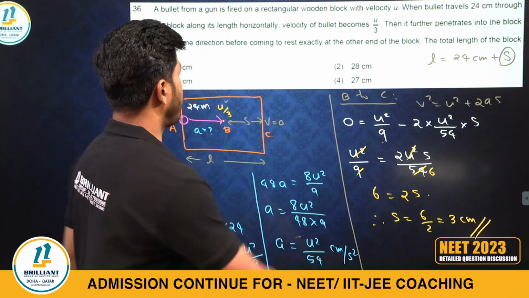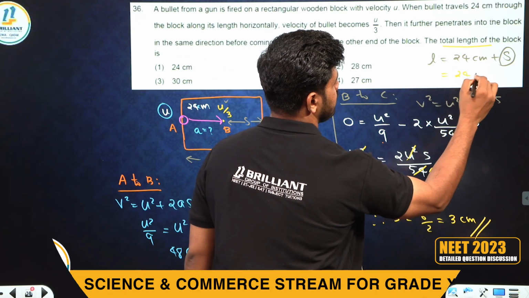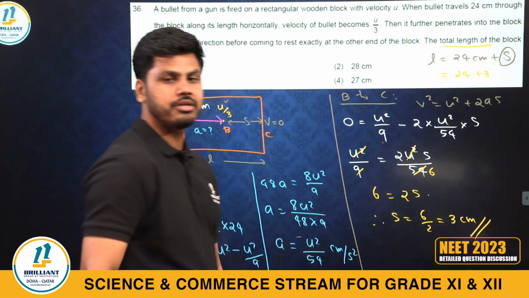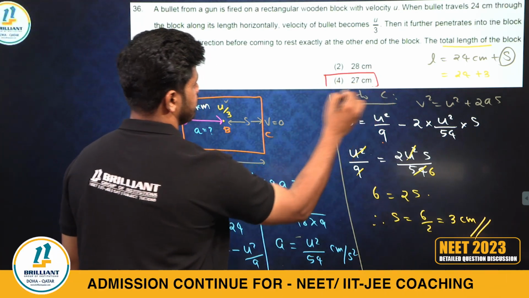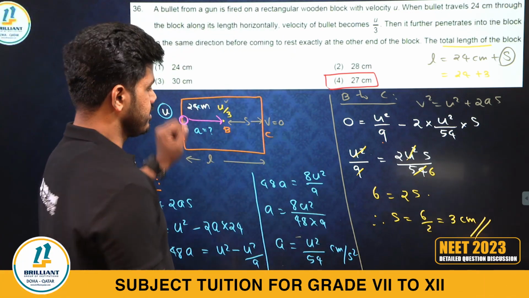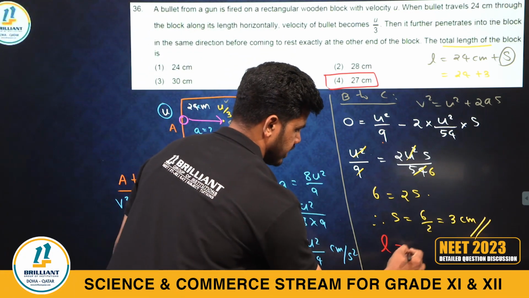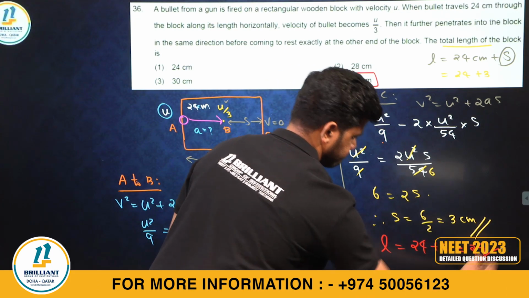Now, the question is, what is the total length of the block? Which is 24 centimeters plus 3 centimeter. And we got the final answer as 27 centimeters. Option 4. Okay. Question number 36. Option 4 is the final answer. 24 plus 3. That is 27.